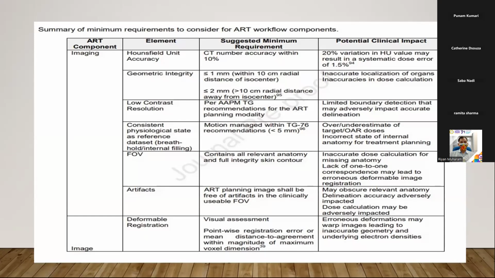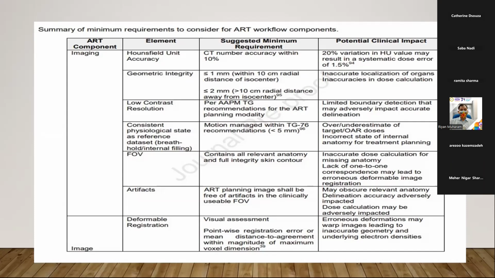So geometric integrity should be there, low contrast resolution should be high, and FOV artifacts: the ART planning image shall be free of artifacts in the clinically useful field of view. Otherwise it may obscure relevant anatomy, affect delineation accuracy, and adversely impact dose calculation. Finally, the dose calculation will be impacted if all these components are not within the prescribed tolerance limits.